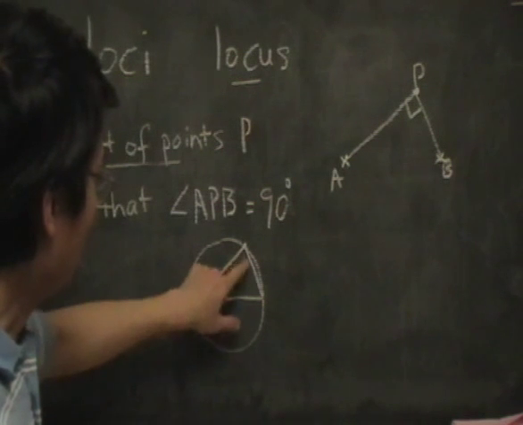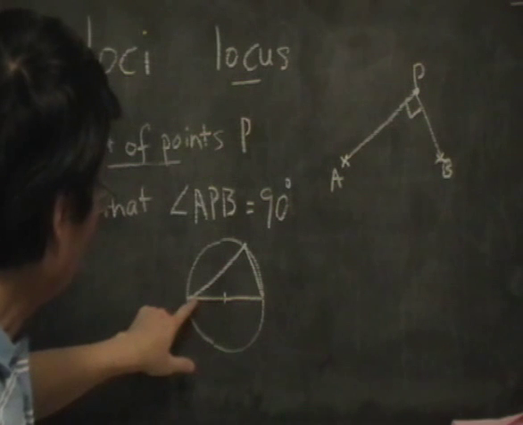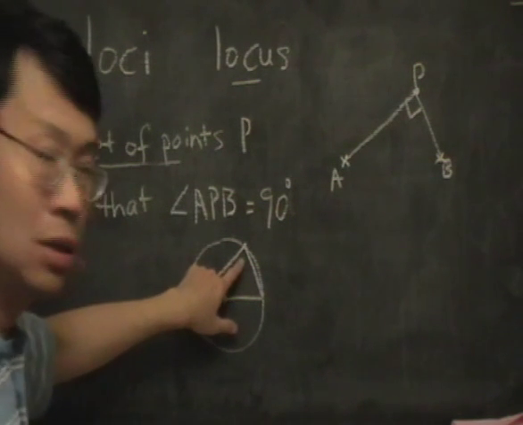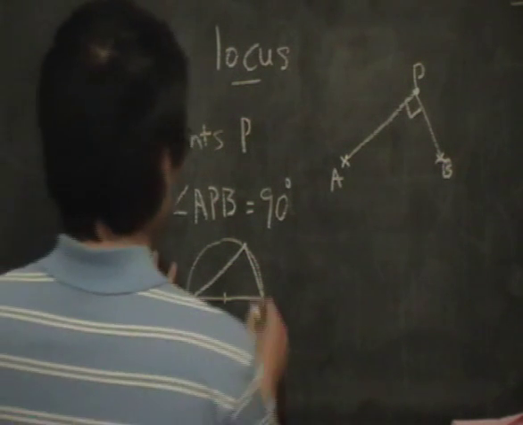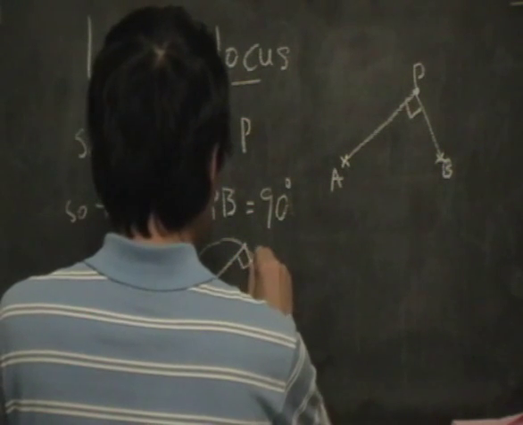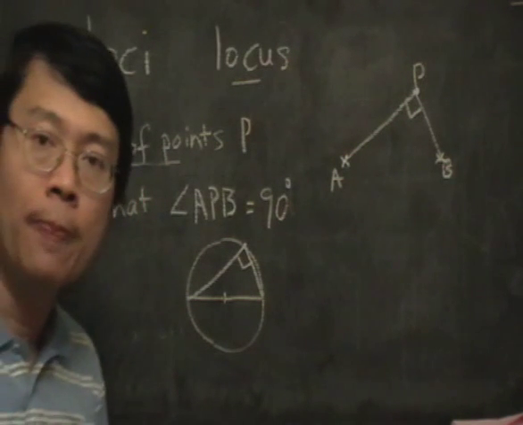In other words, the angle subtended by the diameter at the circumference. Now we have learned that this angle must always be 90 degrees.